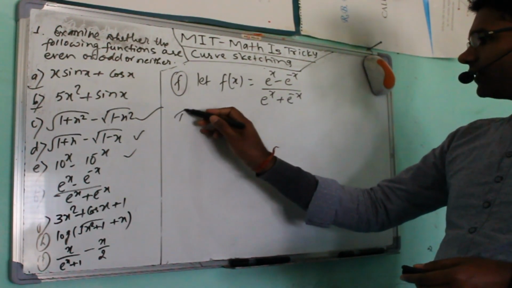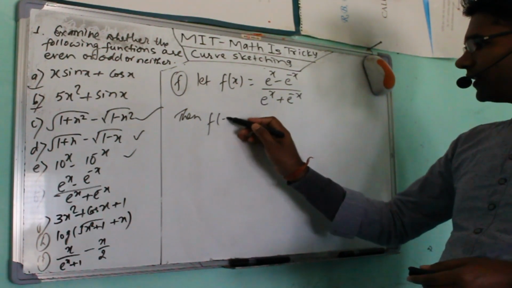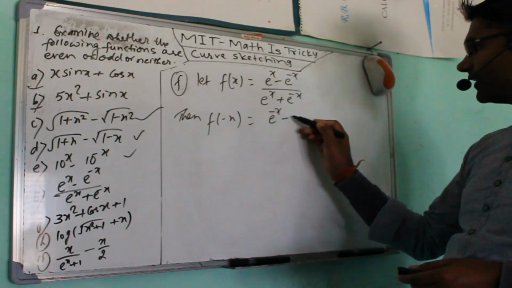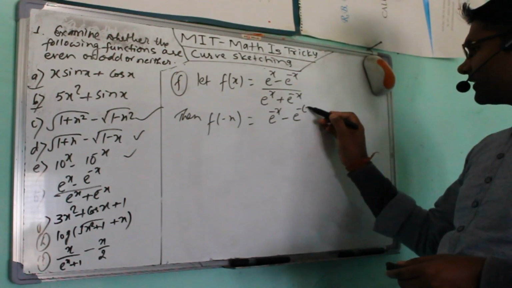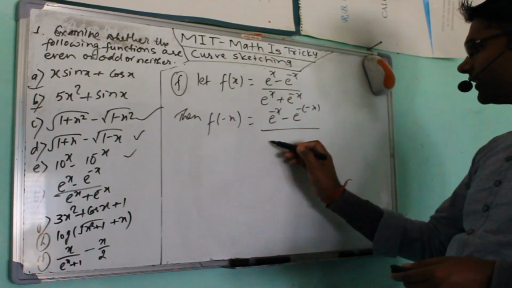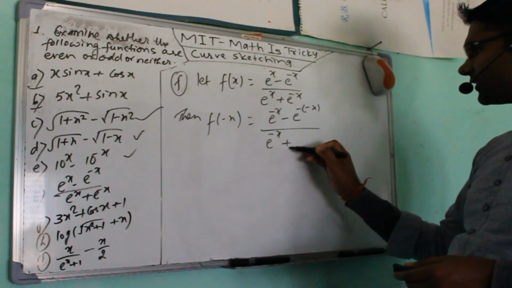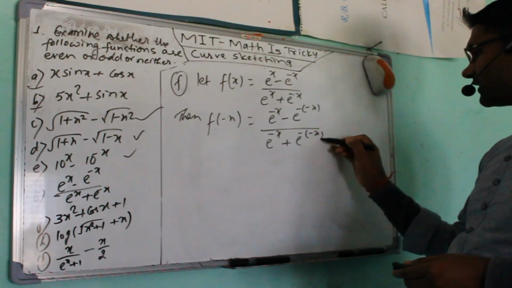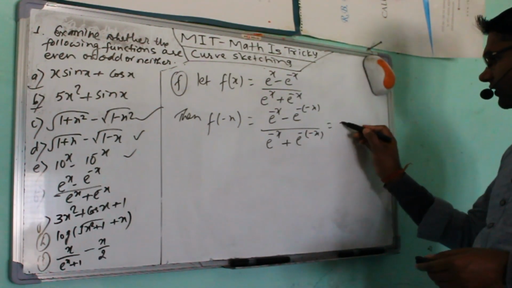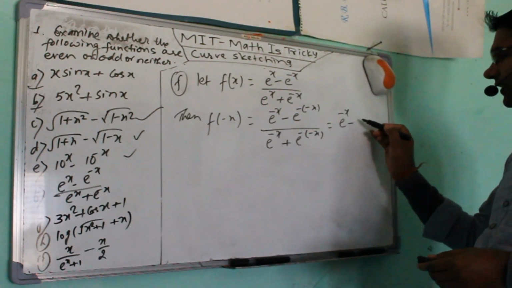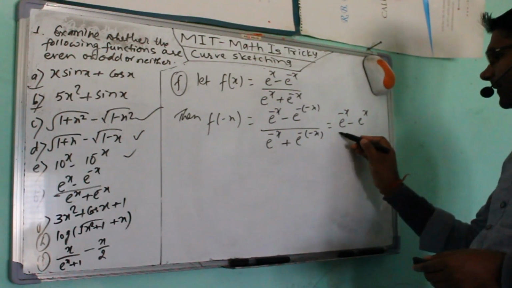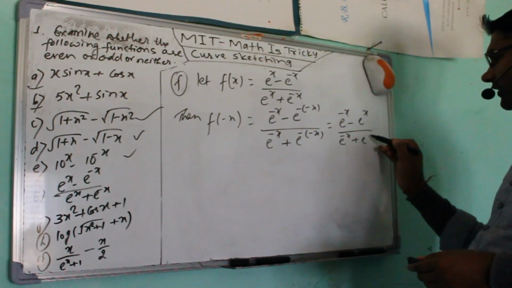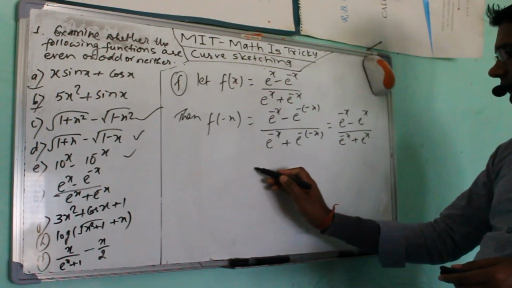Again, we can find f of minus x, which will be e power minus x minus e power x, divided by e power minus x plus e power x.